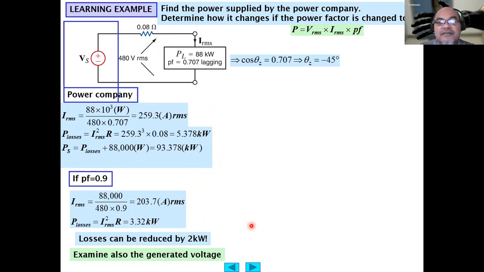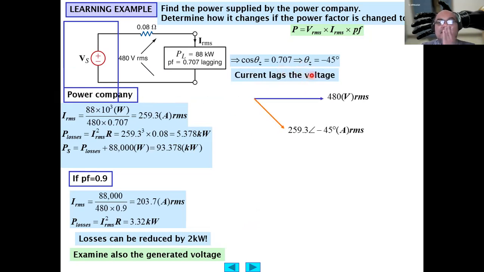Then we examine the generated voltage. Here the current lags the voltage by minus 45 degrees.